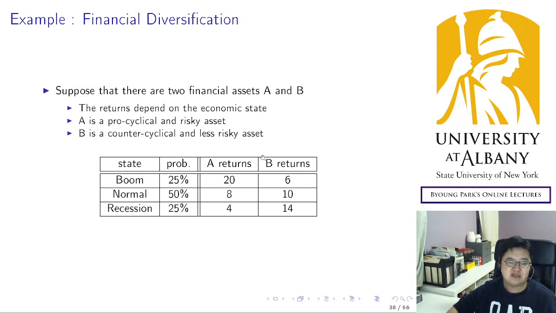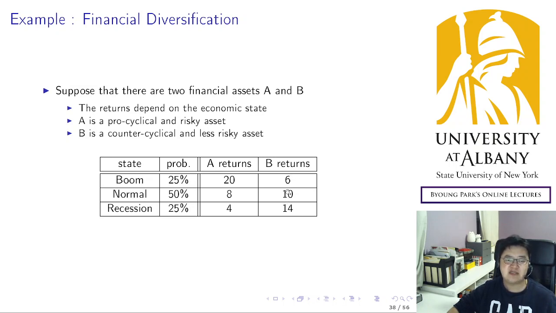But if there exists an asset like this, it will be really, really rare and scarce, so it will be very valuable. Anyhow, it does better in recession and worse in boom. So it's going the other way somehow. And also it's less risky because the difference is smaller.